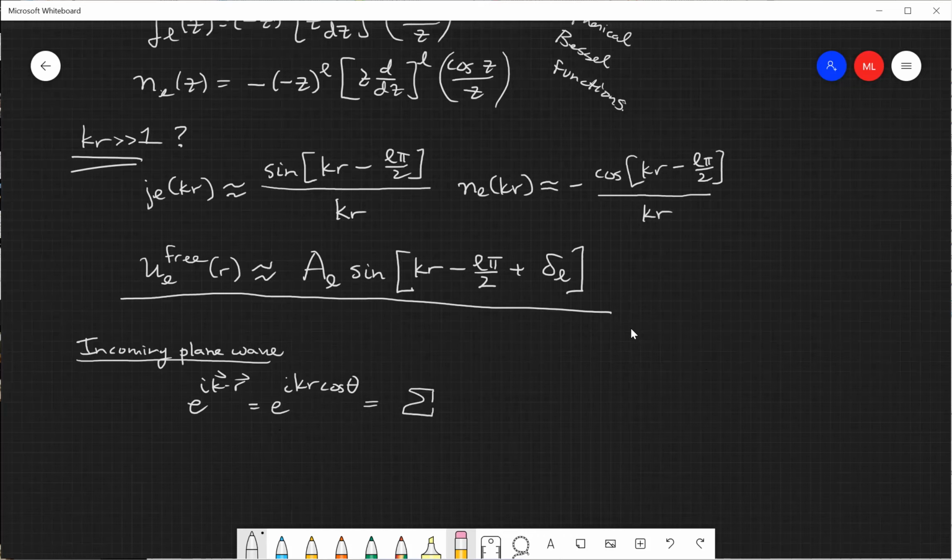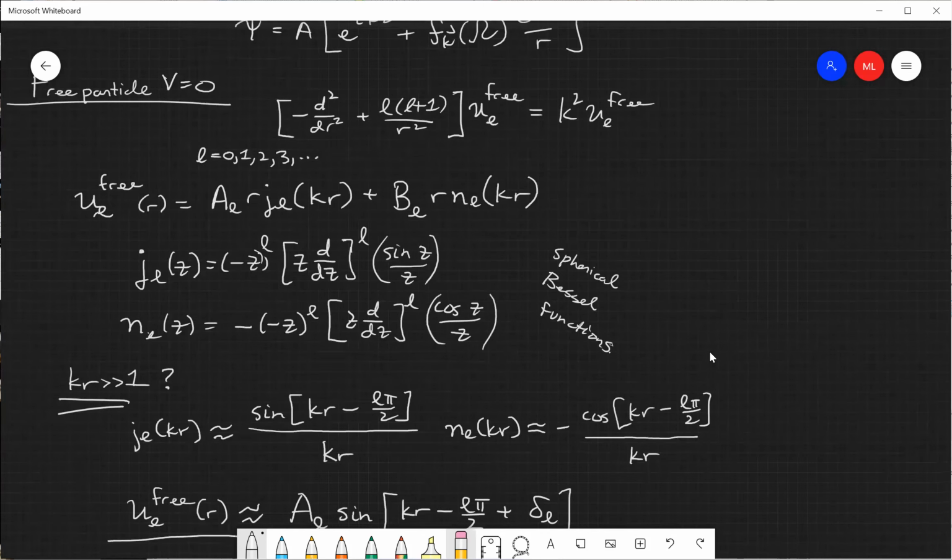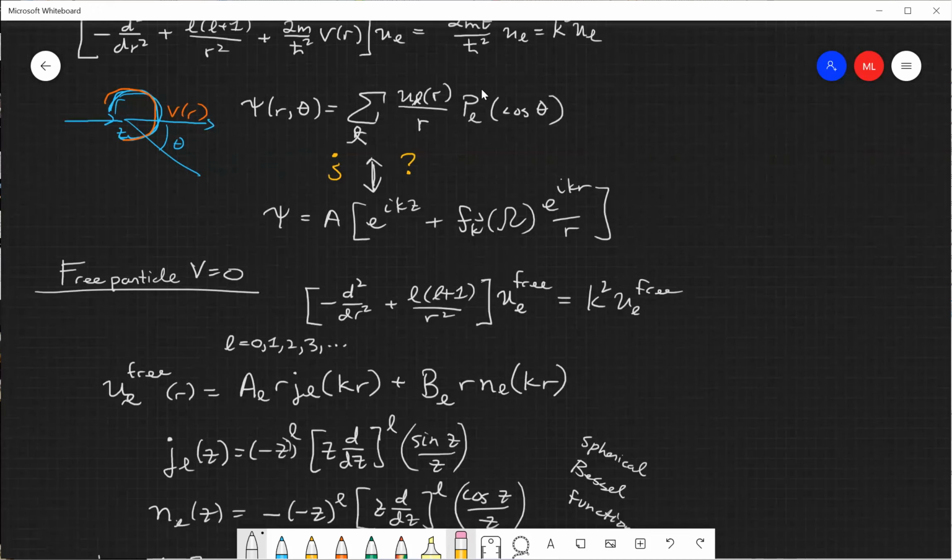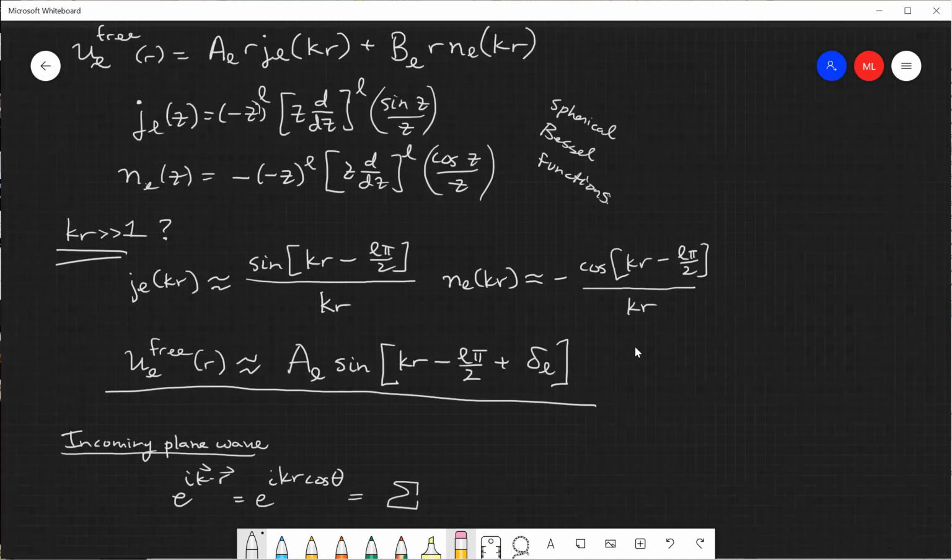You can expand it in spherical harmonics, essentially. It's where the spherical Bessel comes from. So again, if there's no phi dependence, then the spherical harmonics are just the P_l's, like we had here. So you can just look up how you expand a plane wave in spherical harmonics.